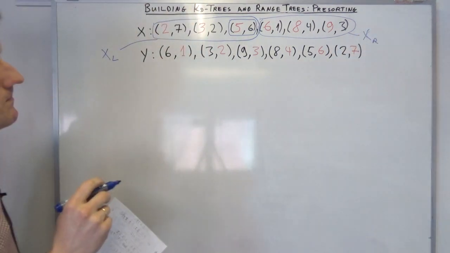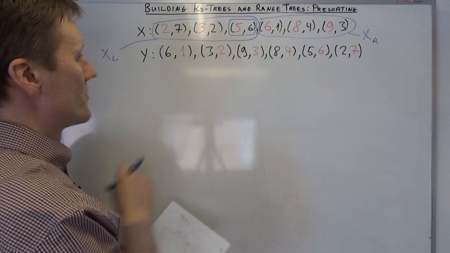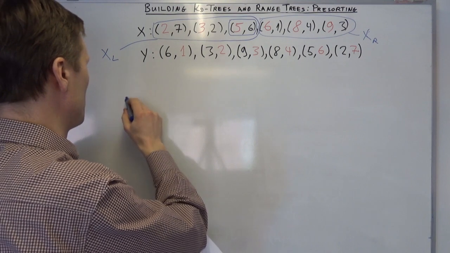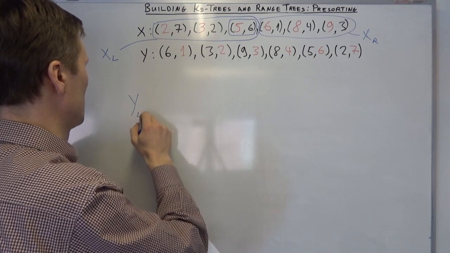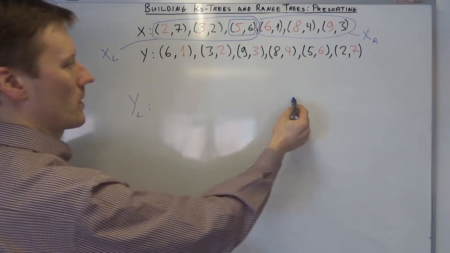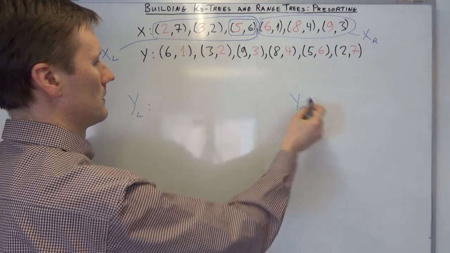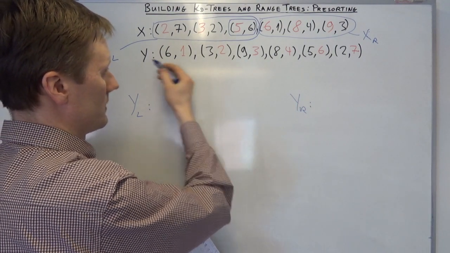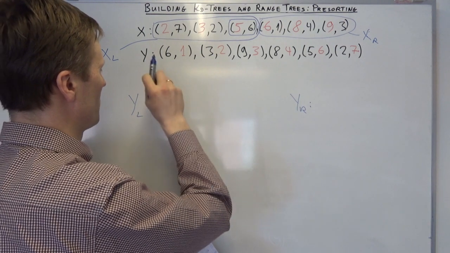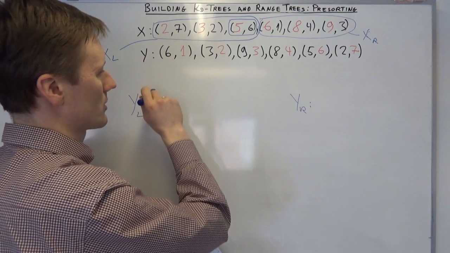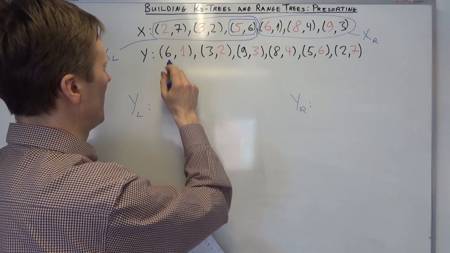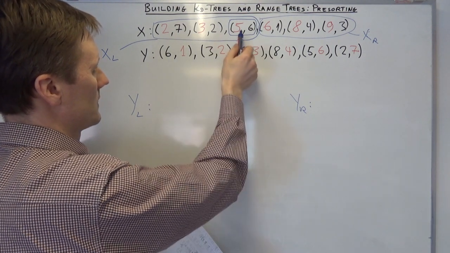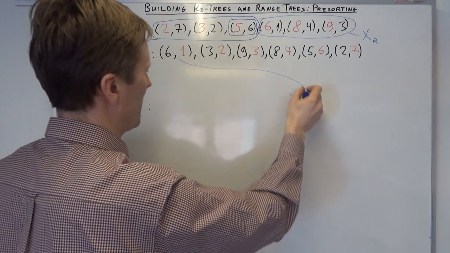Then we have the for loop that goes through the Y array, and we build YL and YR. Right? We just go through the Y array once, in linear time, and we pick the elements and see where we have to append each of them, either to YL or YR. So 6, 1 has an x coordinate that is larger than 5, so it goes to YR.